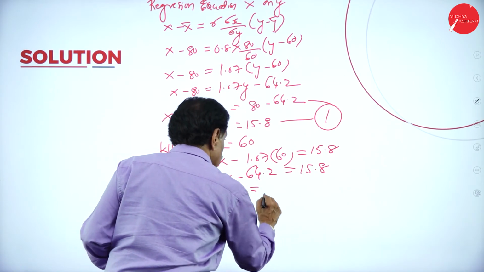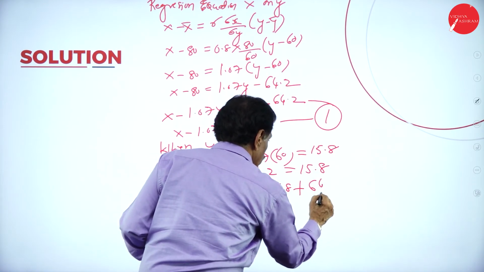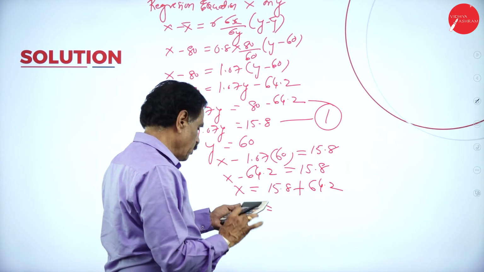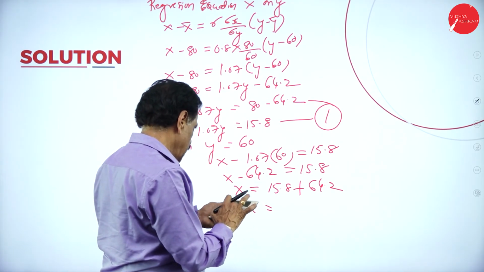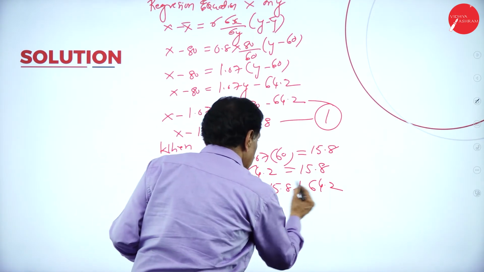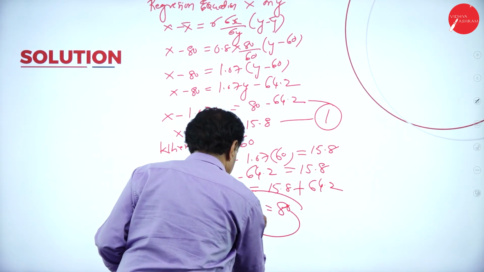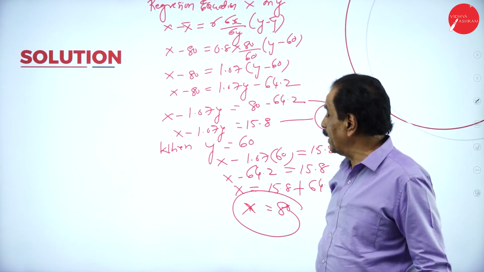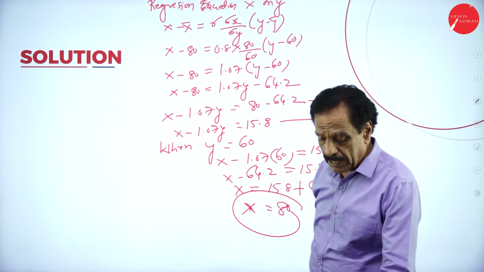X is equal to 15.8 plus 64.2, which is 80. So x is equal to 80. When you know the value of y, we can find out the value of x. When y is 60, x is equal to 80. Last one.